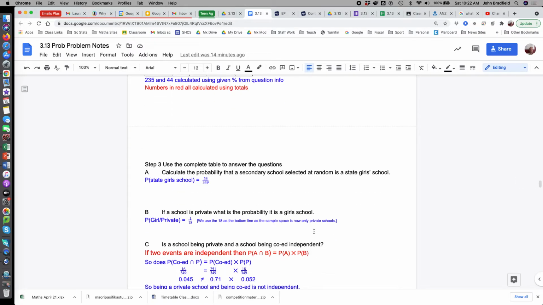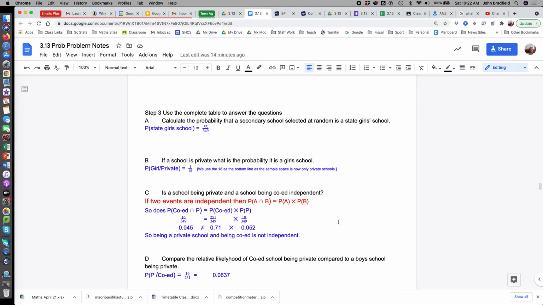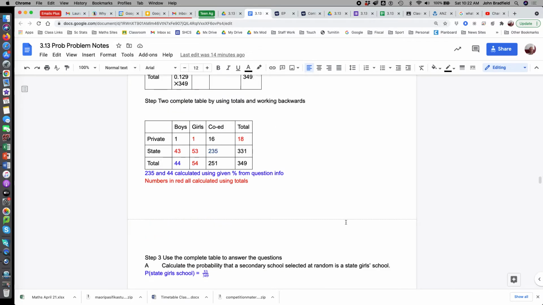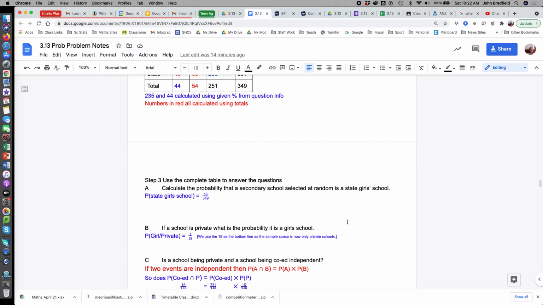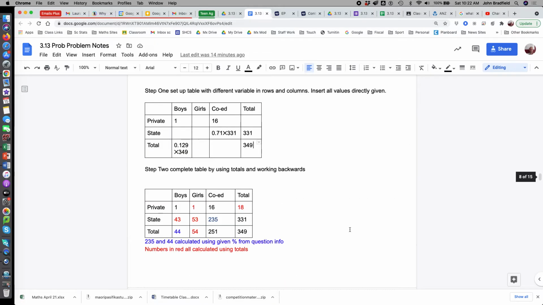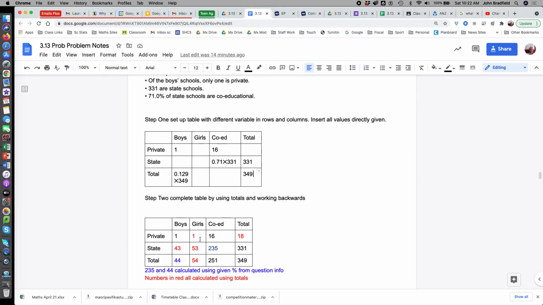Now, in terms of questions, calculate the probability the secondary school is a state girls' school. So that's 53 of them, and they often start like that with a nice, okay, 53 out of 349, no worries. If a school is private, what is the probability it is a girls' school? So when we do this, this is a conditional question.